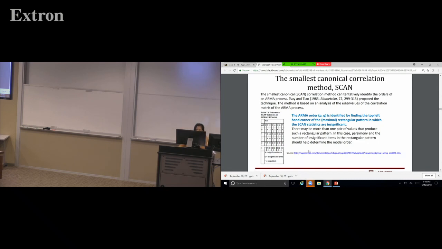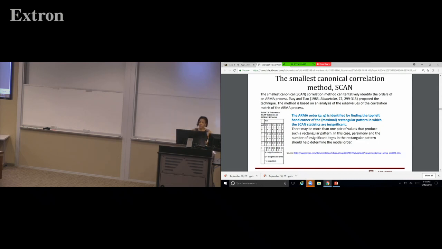For the scan statistic, if you have an ARMA with order P, Q, you're going to identify it by finding the top left-hand corner of the rectangular pattern in which the scan statistics are insignificant. Similar to the extended sample autocorrelation function, there might be more than one pair of values that produce a rectangular pattern. And so we'll move forward.